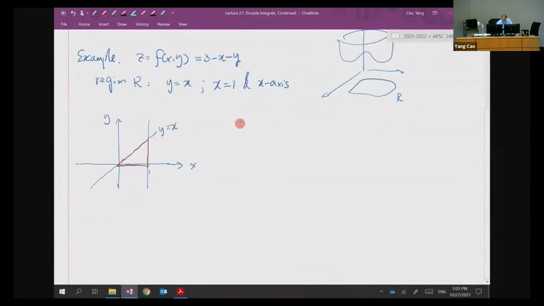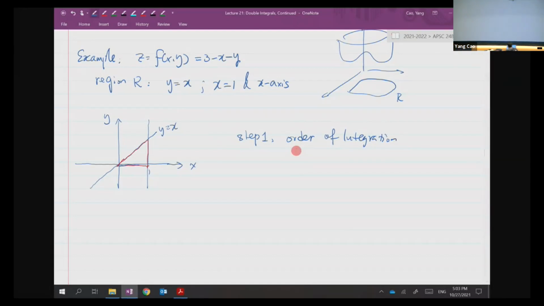First step: what's the order of integration? Do you want to do x first or y first? It really doesn't matter. Let's choose dy dx as the order.